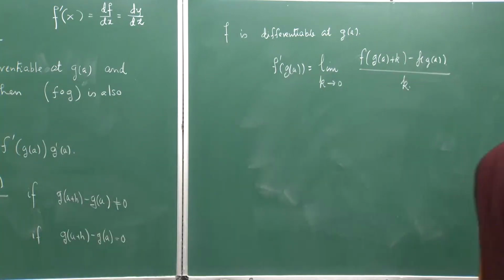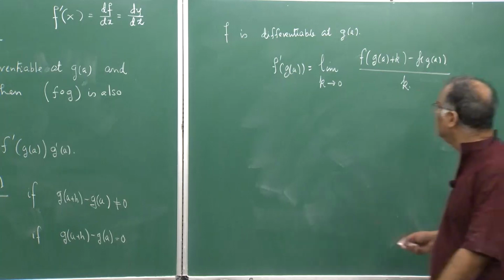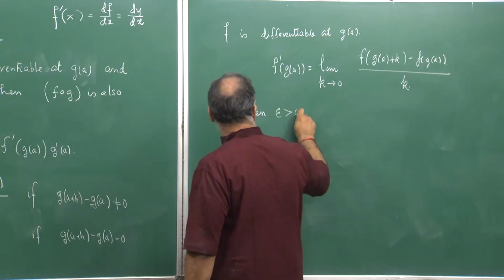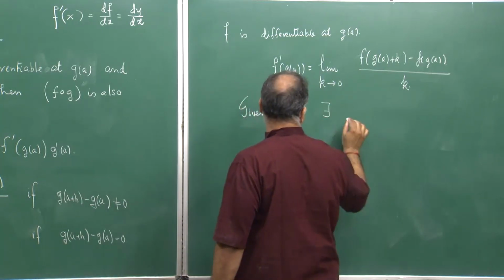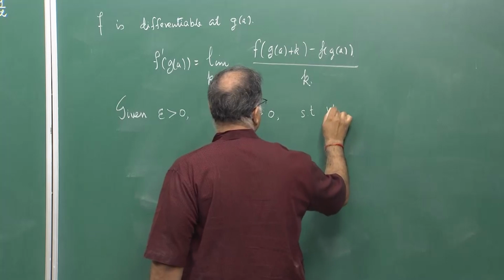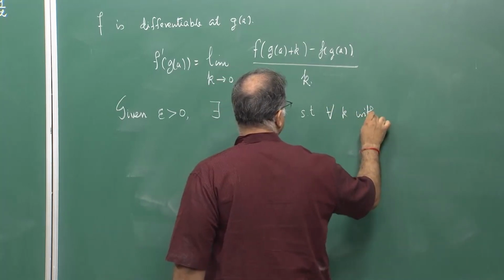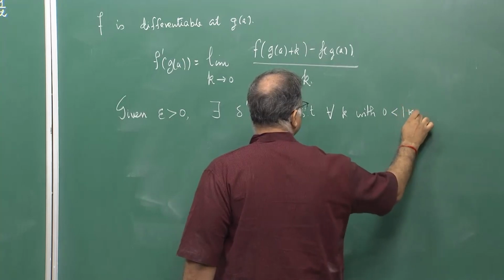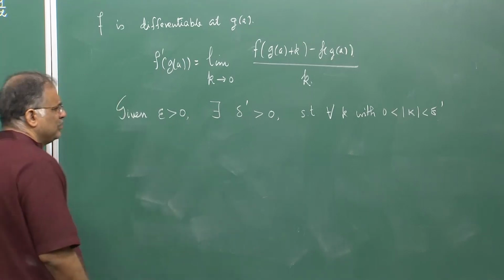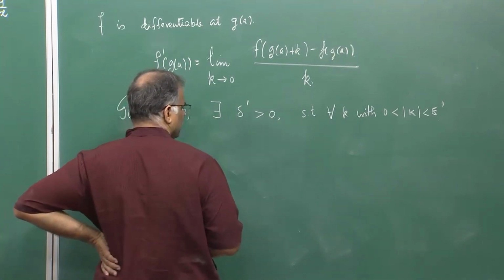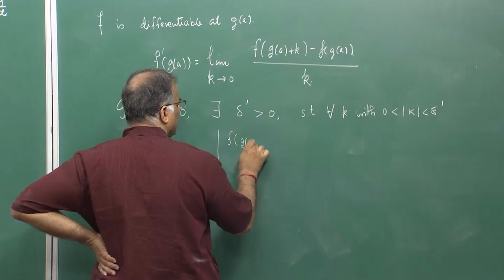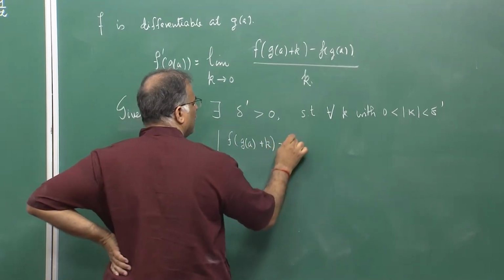So, given epsilon greater than 0, there exists say delta dash greater than 0 such that for all k with 0 less than mod k less than delta dash, what would I have? I would have f of g(a) plus k minus f of g(a).